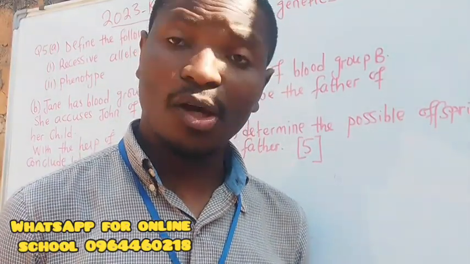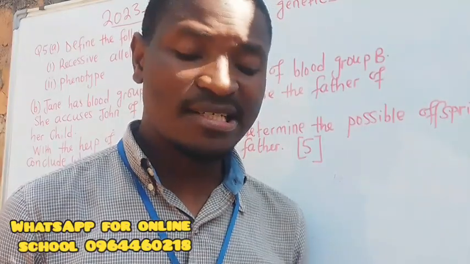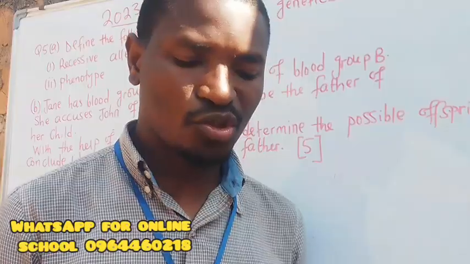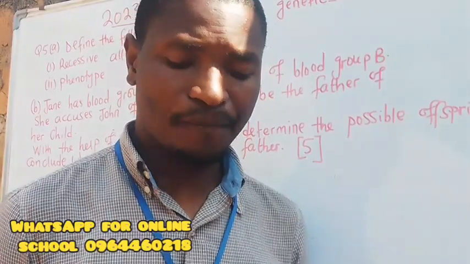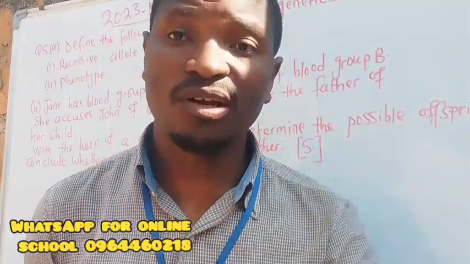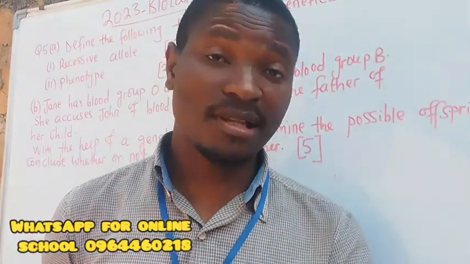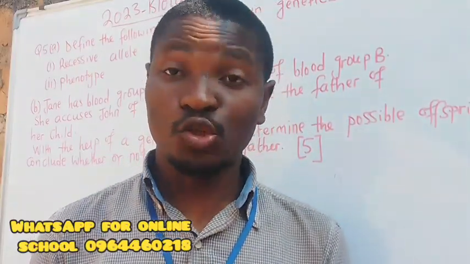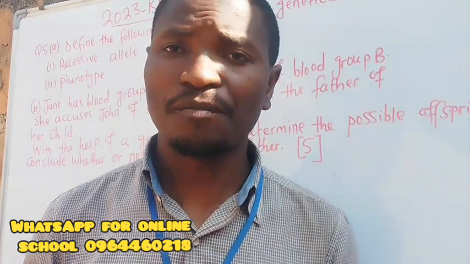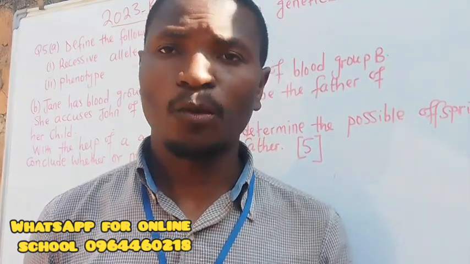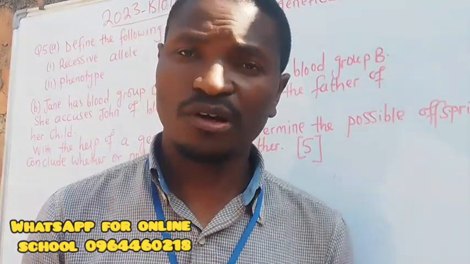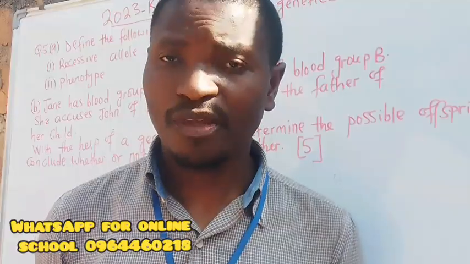With the help of a genetic diagram, determine the possible offspring to conclude whether or not John could be the father. This is a scenario where somebody is impregnated and John is being accused of being the father of that child. So we have to use the genetic diagram to conclude whether or not John is the possible father based on what you have been given. That is the information.